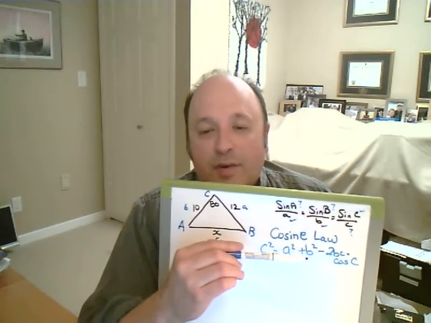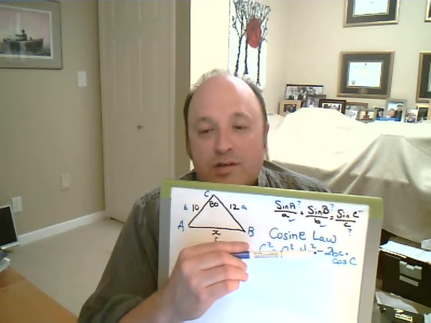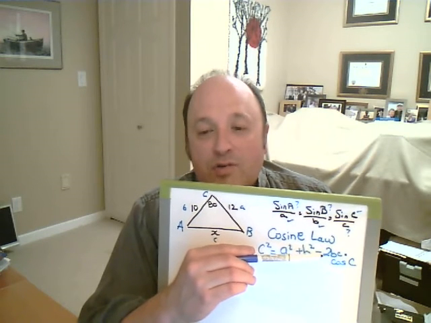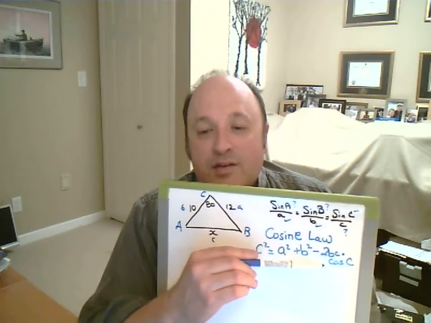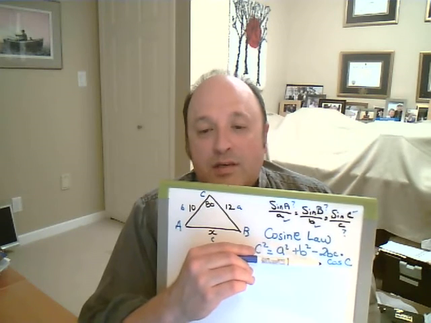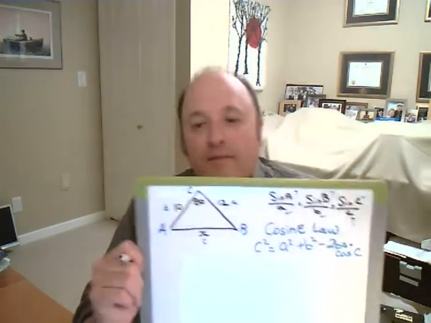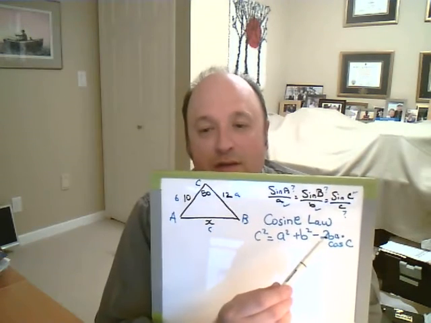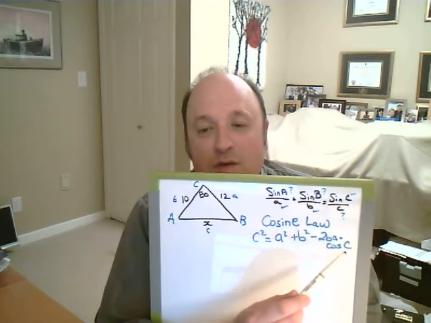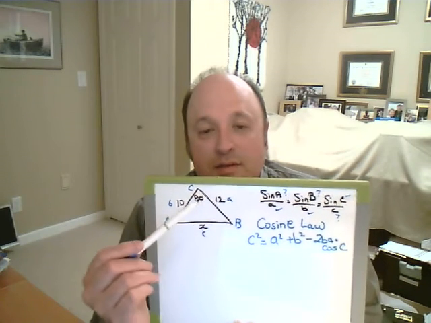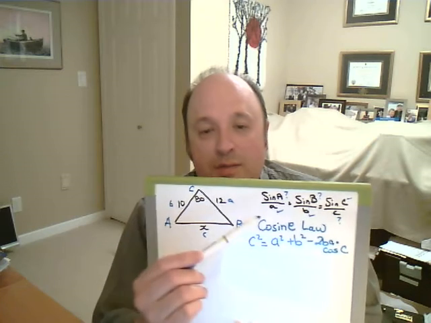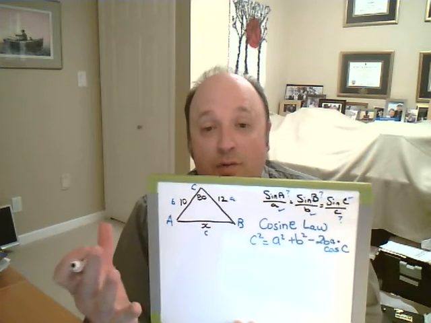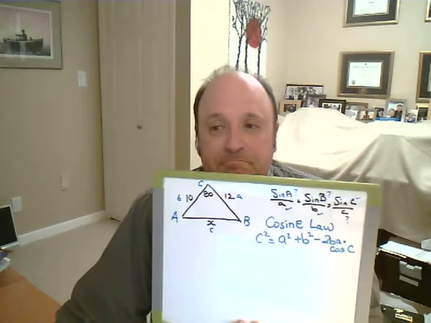But Pythagoras only works with 90-degree triangles, and because this is not a 90-degree triangle, we have to add this extra little part, which is 2ba, times the cosine of big C. So 2 times little b times little a times the cosine of big C. So let's plug this in and see what we get when we sort this out.